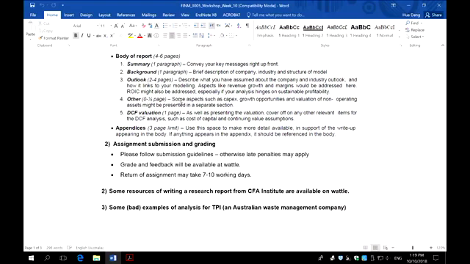These resources were provided by CFEI for the students who participate in the CFA Research Challenge. So they are relevant resources to help students start in terms of research analysis writing.